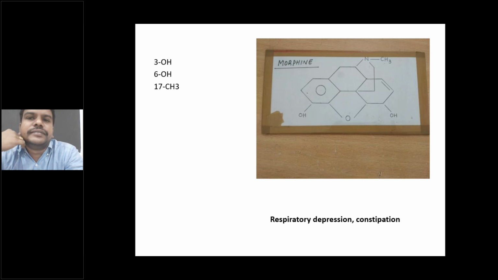Morphine chemical structure is 3OH, 6OH, and 17CH3. Coming to the adverse effects of morphine: respiratory depression, constipation.